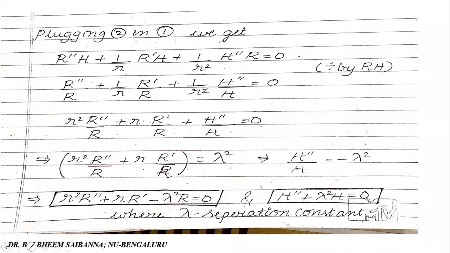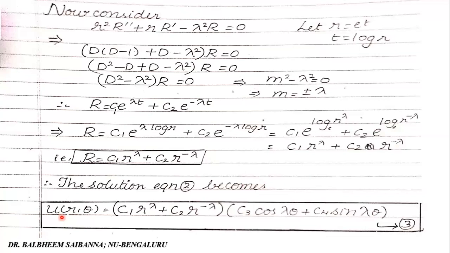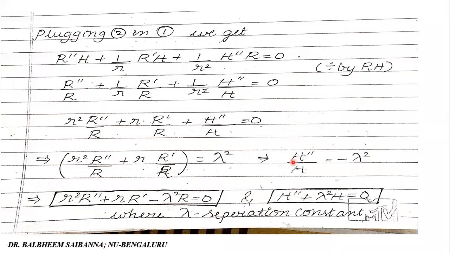Our equation 2 is like this: u of r comma theta is equal to R of r times H of theta. The total solution will be: u of r comma theta is equal to C1 r to the power of lambda plus C2 r to the power of minus lambda, times C3 cos, this solution we get from H double dash by H. The solution of H double dash plus lambda squared H is equal to 0 is nothing but D squared plus 1 is equal to 0, D squared is equal to minus 1, D is equal to plus or minus i.